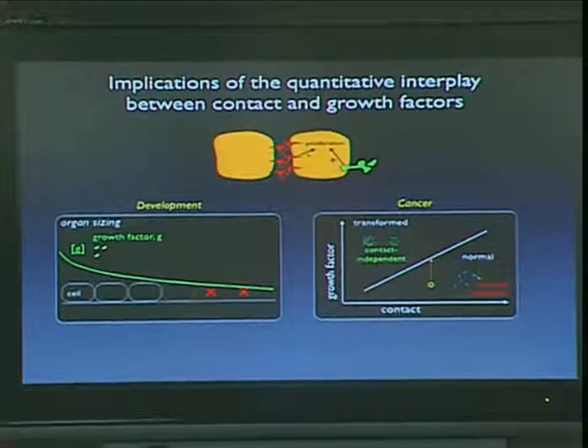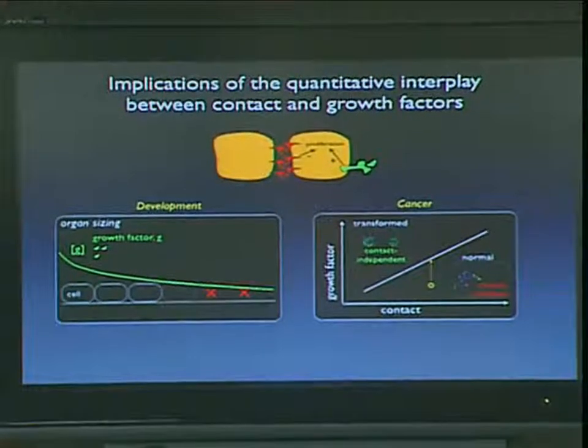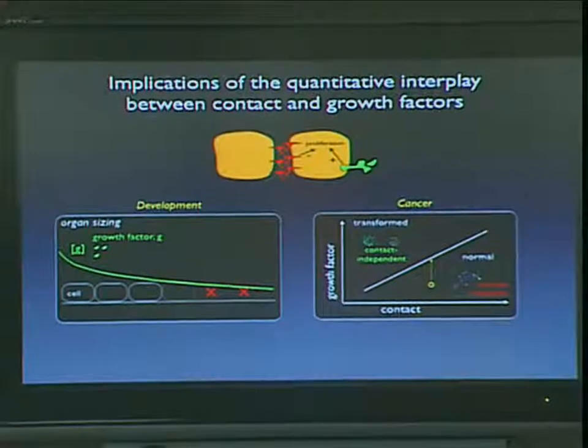In the context of cancer, which originally motivated this work, the way we've been thinking about this is that if we think of normal non-transformed cells as being contact inhibited, then in order to transform, this cell has to get over this threshold in the growth factor axis to become contact independent.